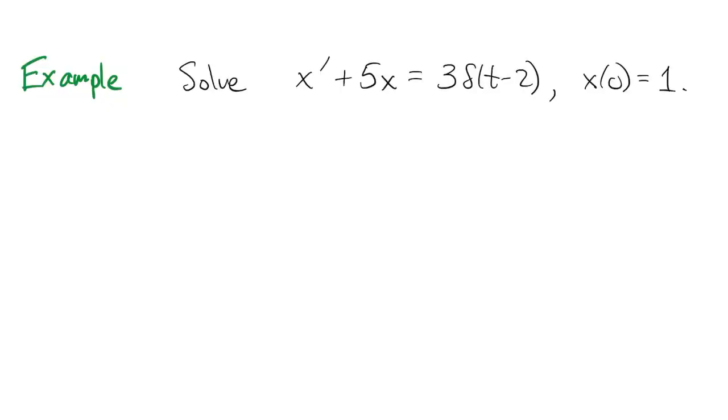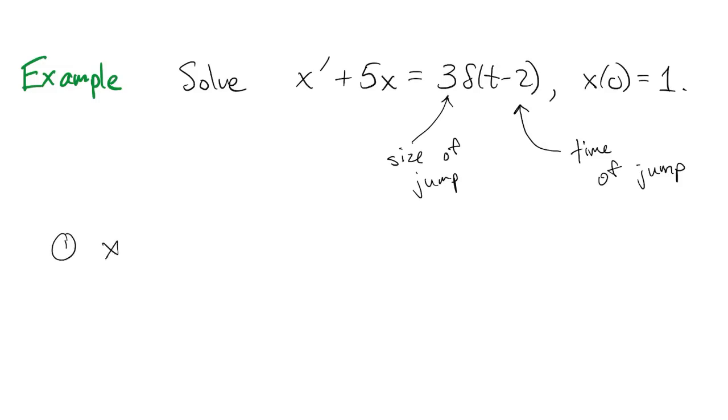Here's an example of a problem with some impulse forcing. The 2 here tells us the time that there's going to be a jump in the solution, and the 3 out in front is the amplitude or the size of that jump. So we have to solve 2 subproblems. The first is the homogeneous problem that includes the initial condition.